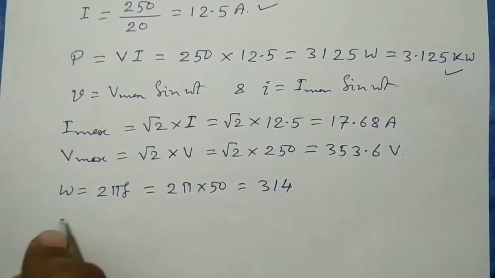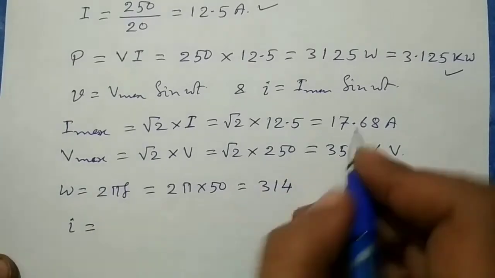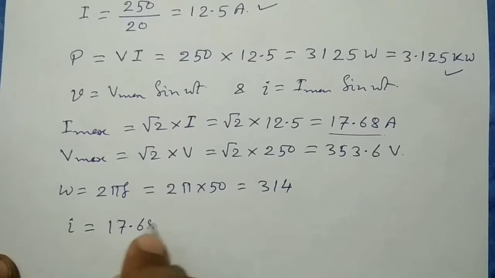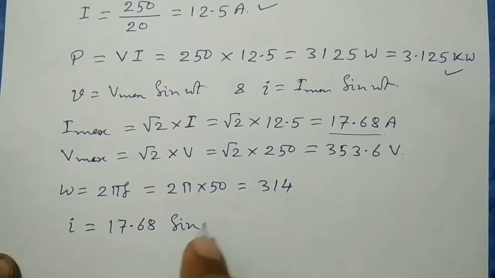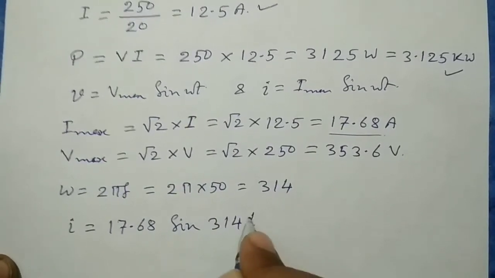So now we can write the expression of the current I is equal to Imax, that is 17.68 sin 2 pi ft or omega t, that is 314 t.